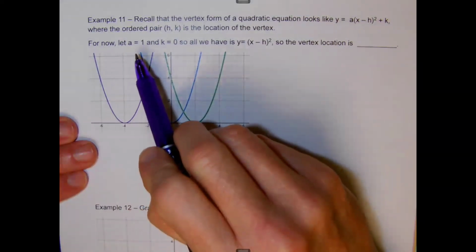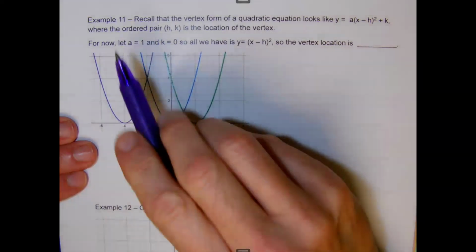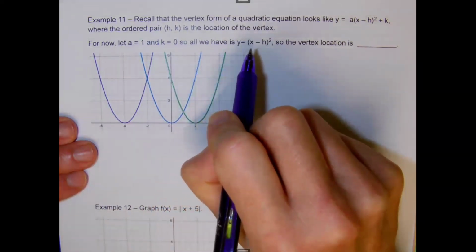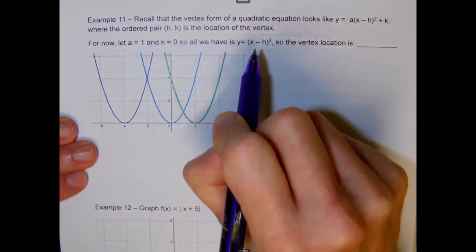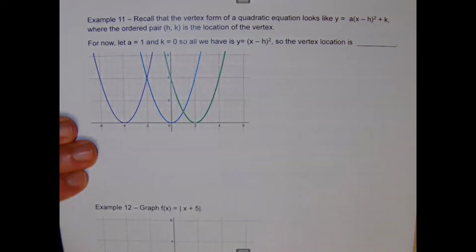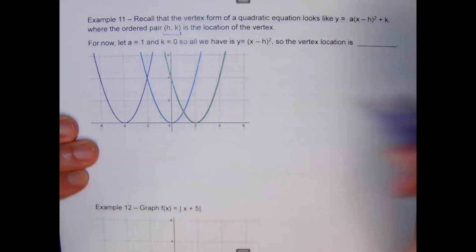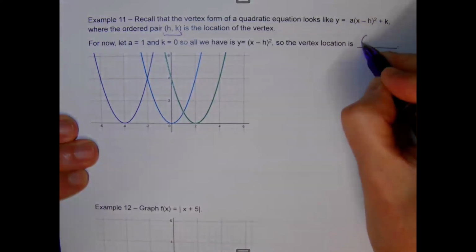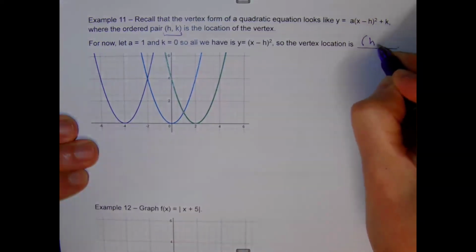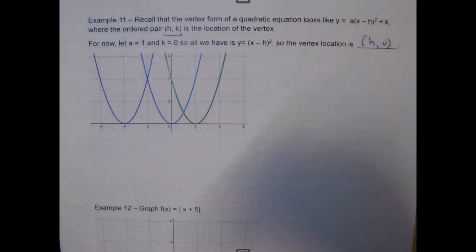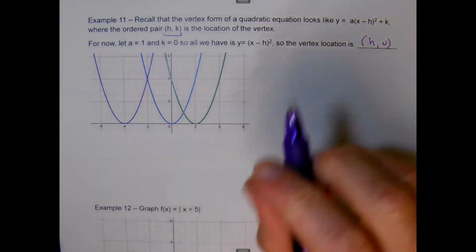Now, let's say that a equals 1, k equals 0, and so all we have is y equals parentheses x minus h squared. So the vertex location in this case is h comma 0.